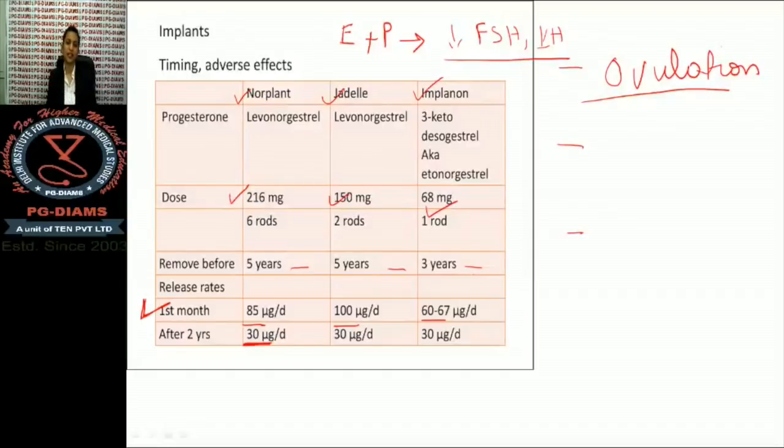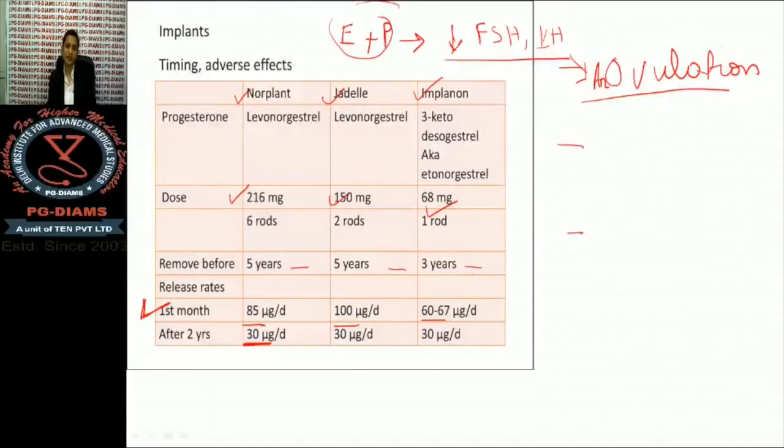These things will be inhibited if FSH and LH are lowered because of constant presence of E and P in the body. So when you give E plus P constantly, there is feedback decrease in FSH, LH and there is anovulation. That is one important mechanism of action.